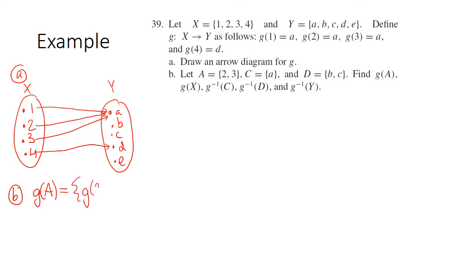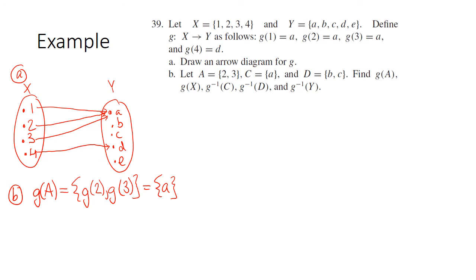So this is going to be g of 2 and g of 3. Let's see, g of 2 is a and g of 3 is also a, so this is really just going to be a.